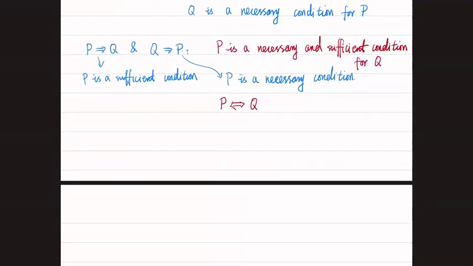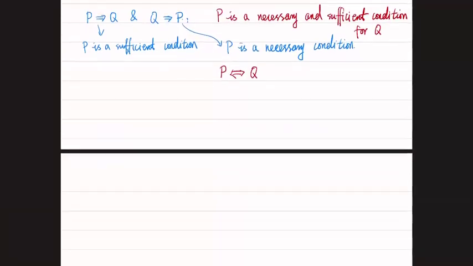Now we can examine the various theorems we learned before using these new necessary and sufficient conditions. For example, the midpoint theorem.